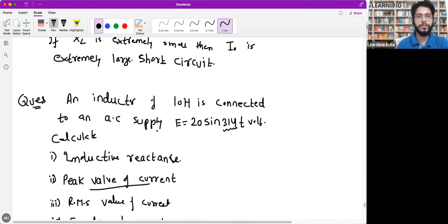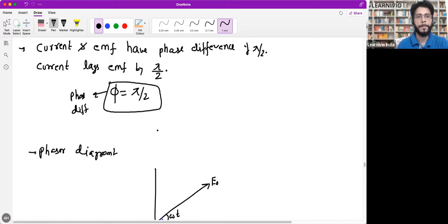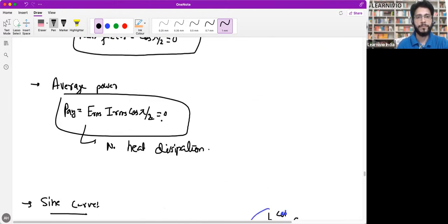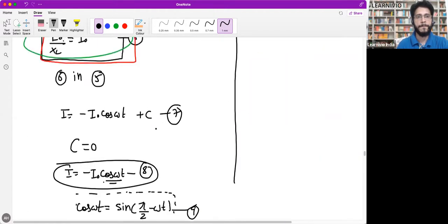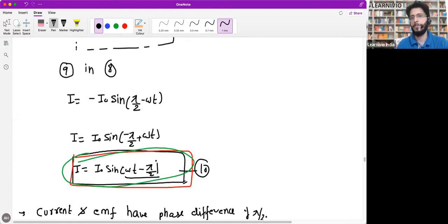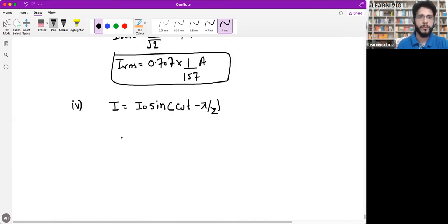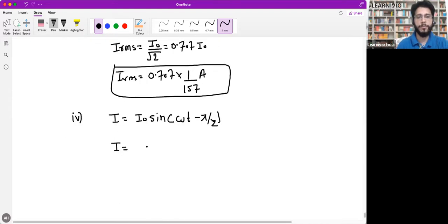Where is this equation? This equation is here, minus pi by 2. So you have I naught, and we know this is 1 by 157.